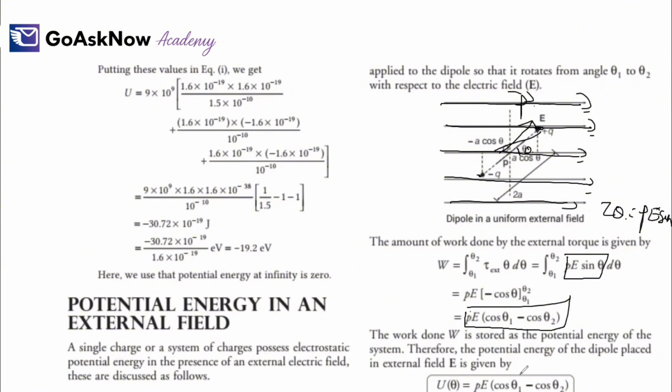The work done W is stored as the potential energy of the system, because it is stored inside it. Therefore, the potential energy of the dipole placed in the external field is given by pE times cos theta 1 minus cos theta 2. I hope you got this point. So let's move further and see the next thing.